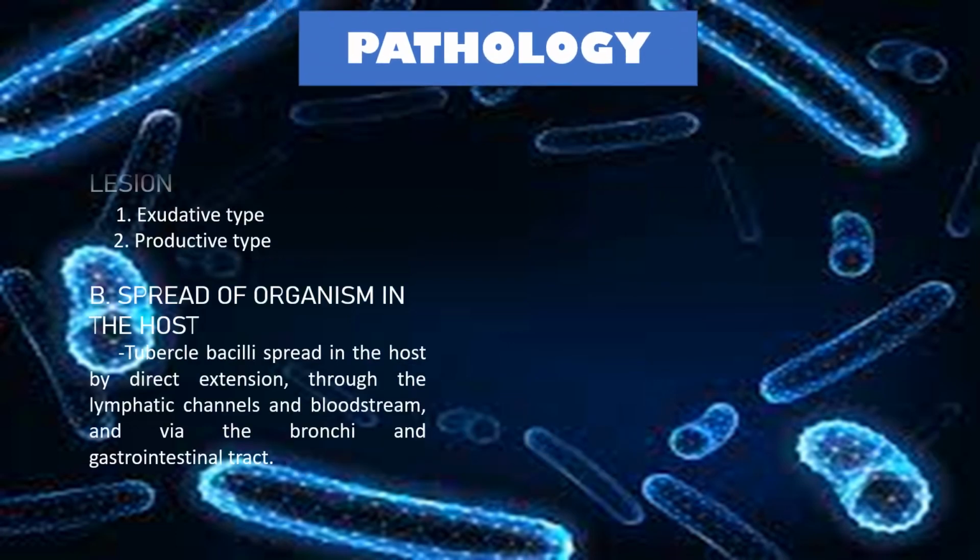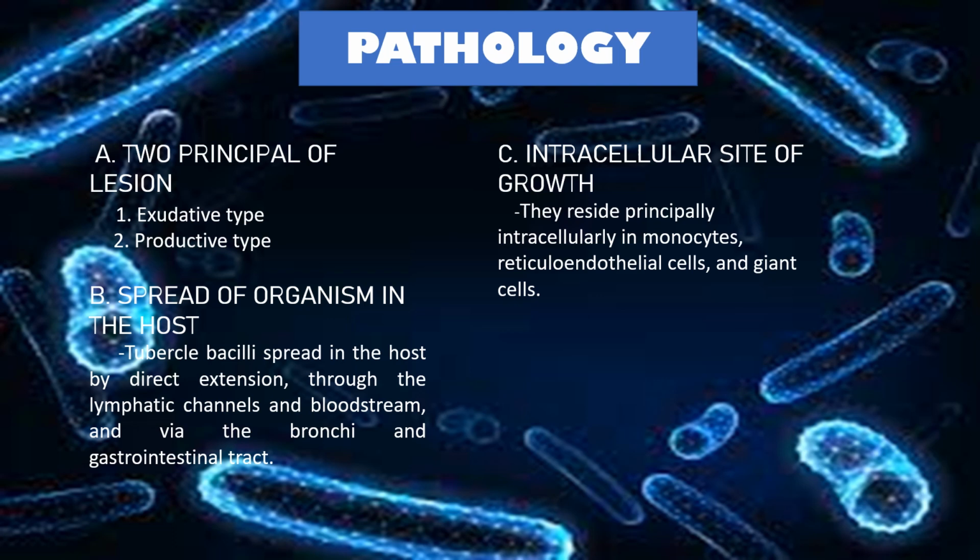For pathology, we have here two principles of lesion: spread of organism in the host and intracellular site of growth. There are two types of lesion, the exudative type and the productive type. Exudative type consists of an acute inflammatory reaction with edema fluid, polymorphonuclear leukocytes, and later monocytes around the tubercle bacilli.